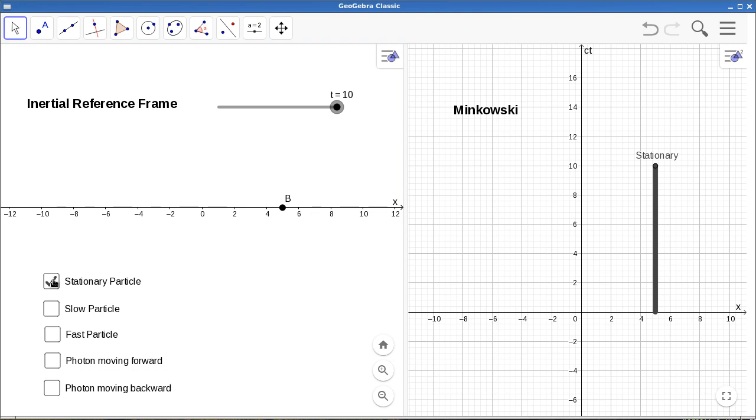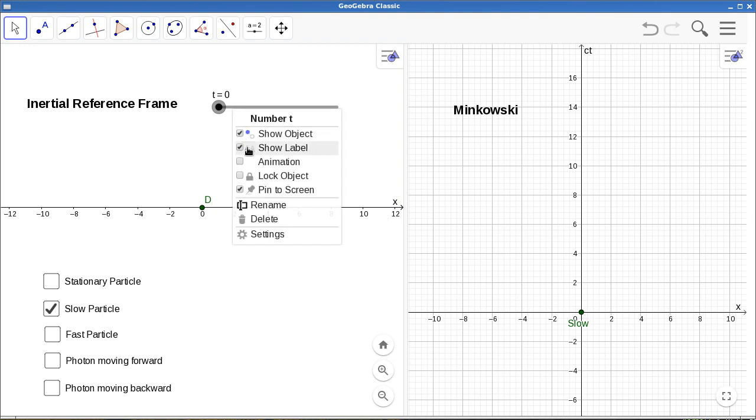Then what will be the world line of a particle which is moving? We will consider a particle which moves in the real one-dimensional way, meaning the motion is restricted to only along the x-axis. Consider a particle D which moves along the x-axis, and we will see how the curve is traced in Minkowski space-time.